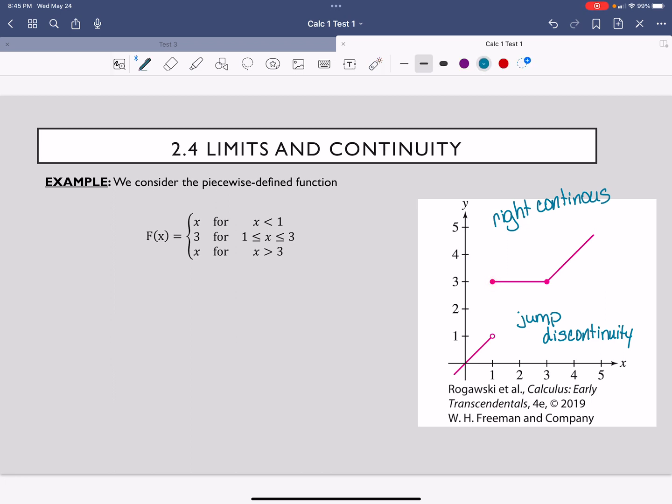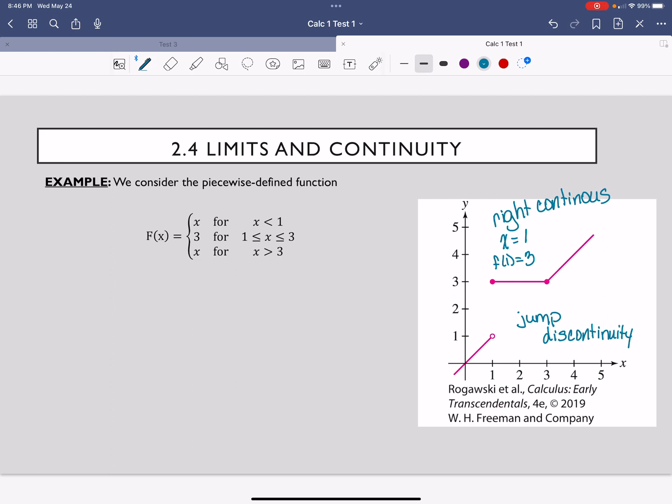So if we were to look at x equals 1, we are looking at a situation where we're looking at a right continuous. And that is because if we were to look at f of 1, we would get 3.